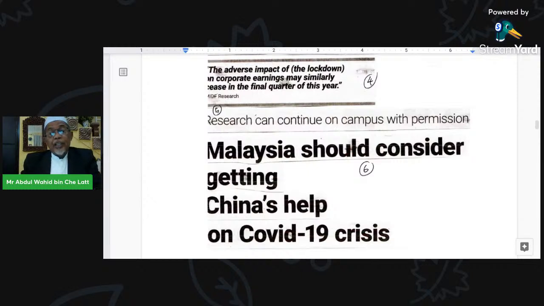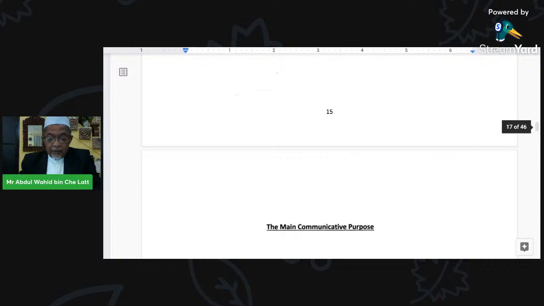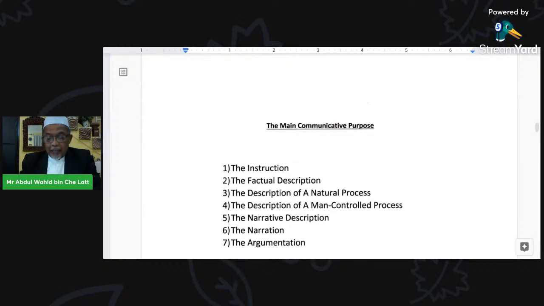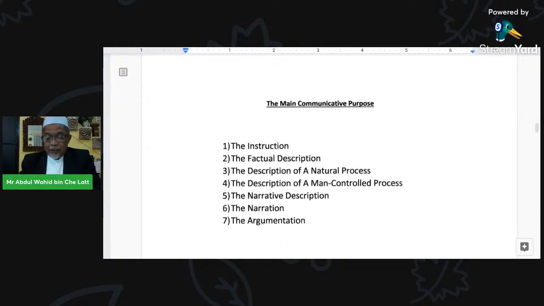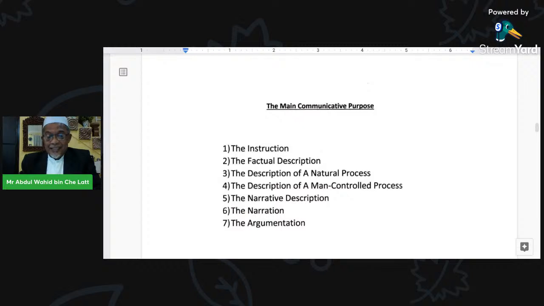Instruction, indicated by the occurrence of imperative verbs. Factual description, indicated by the simple present stative verbs: the is, the has, the are.